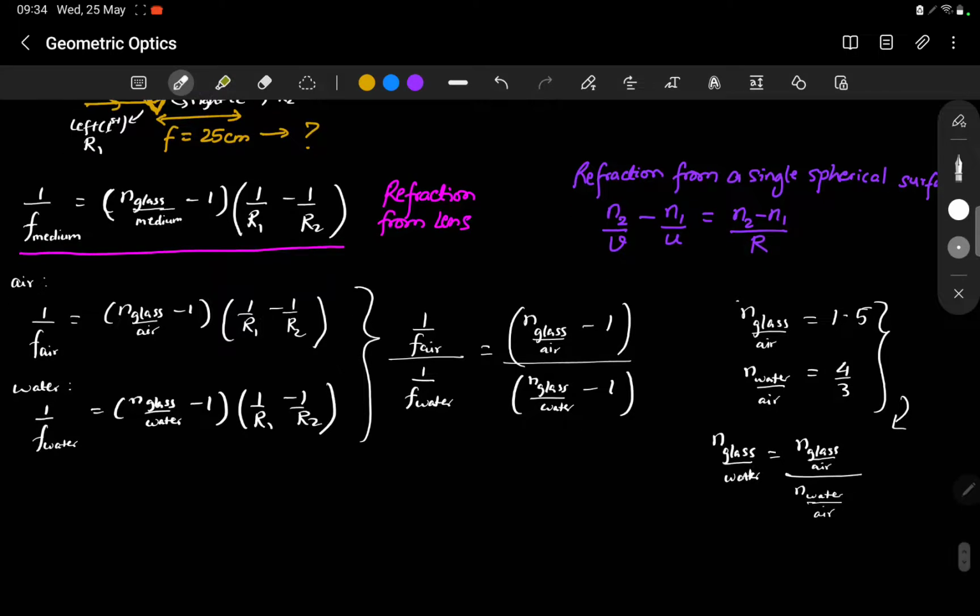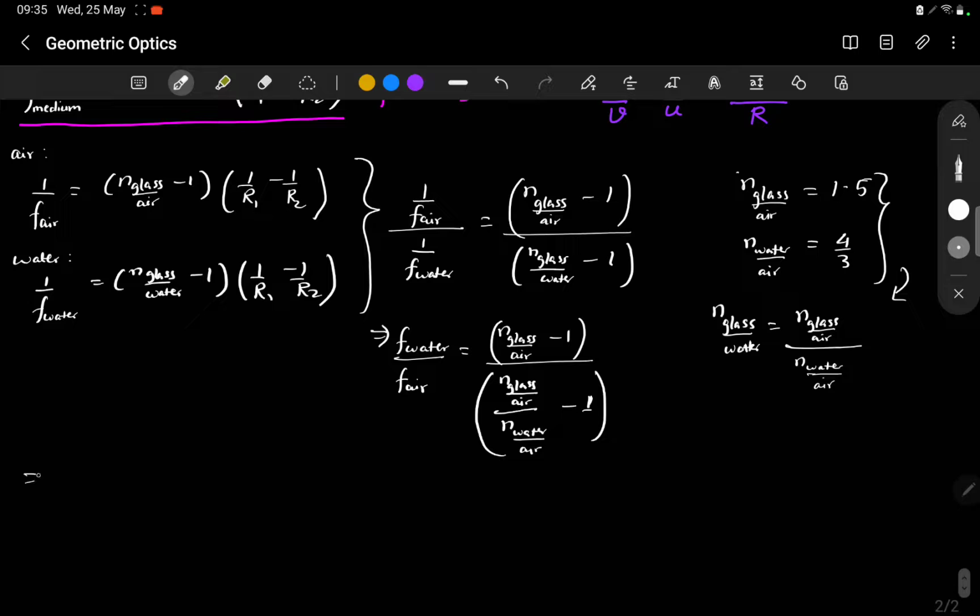Now let us come back to this ratio. This can be written as follows. Refractive index of glass with respect to water we found is this ratio. So this is refractive index of glass with respect to air over refractive index of water with respect to air, this minus 1.